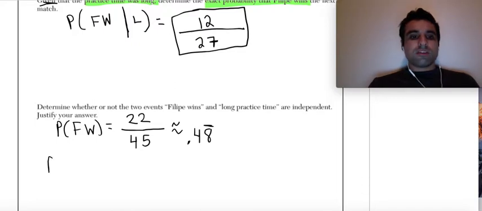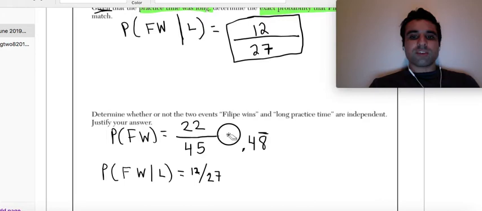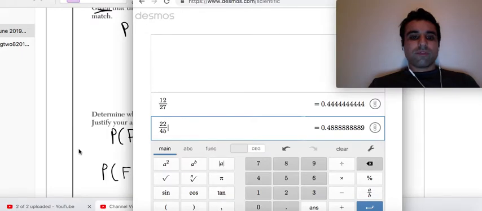And the probability that Felipe wins, given long practice time, is equal to 12 out of 27, which is exactly equal to, as a decimal, 0.4 repeating forever.